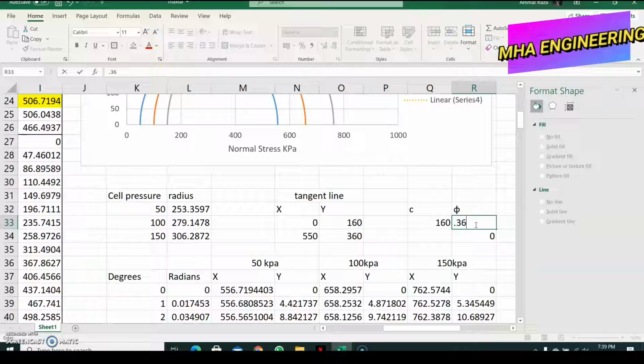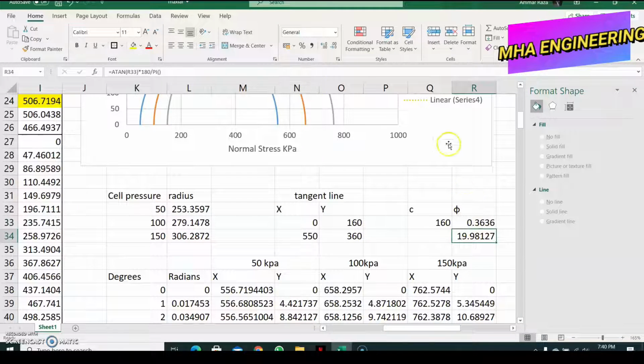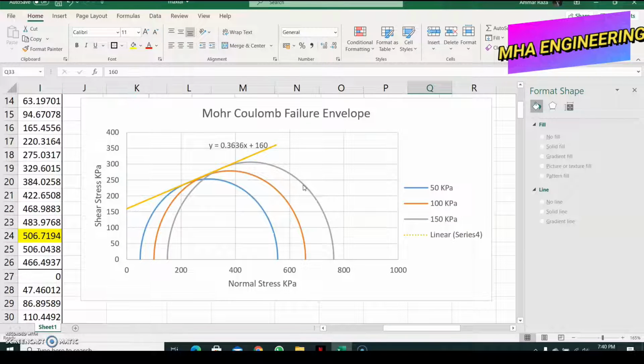So for 0.3636, that gives us a value of 19.98 degrees. This is our phi, and our C is 160. And that's all there is to our calculations in this experiment.